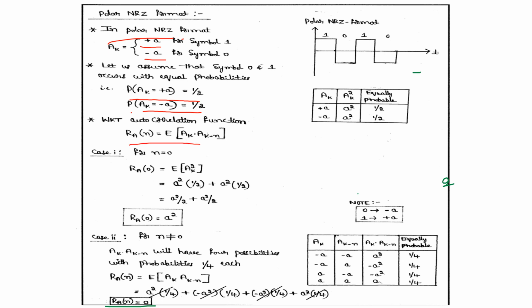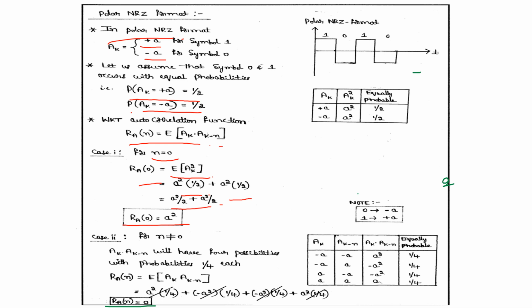Now you need to find the autocorrelation between the bit streams. When n is equal to 0, RA of 0 is E of ak square, A square by 2 plus A square divided by 2, that becomes A square.